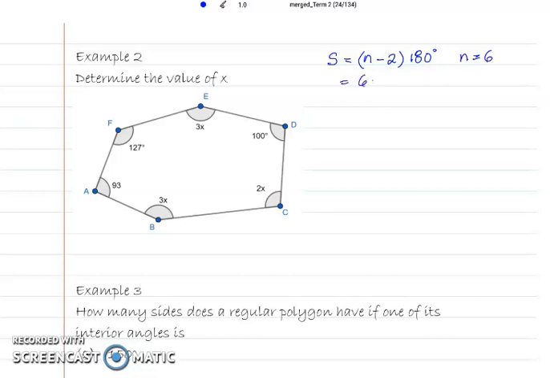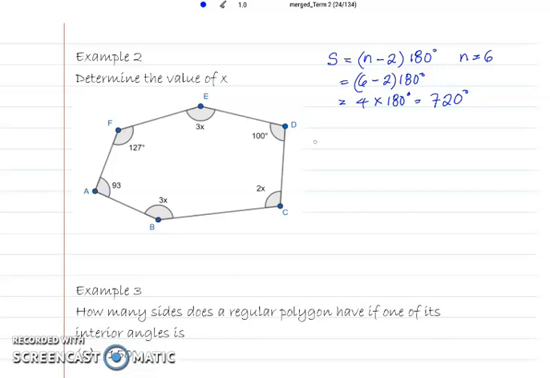So this is 6 minus 2 times 180 degrees. This is 4 times 180 degrees. And this becomes 720 degrees.